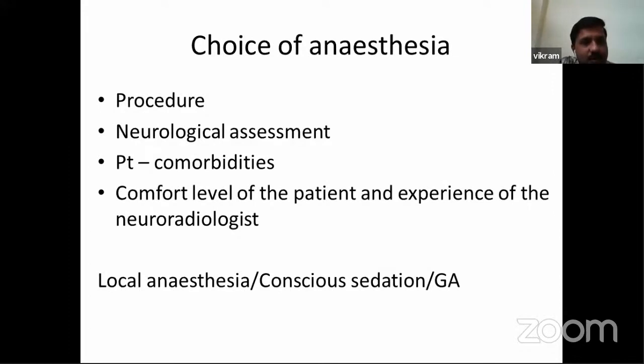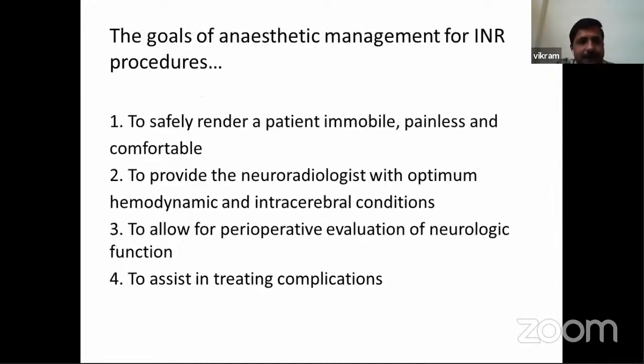These factors include mainly the procedure that's being carried out, and the need for neurological assessment when the procedure is being done. You have to consider the patient's comorbidities, the comfort level of the patient, and the experience of the neuroradiologist also matters. These procedures can be accomplished under local anesthesia, conscious sedation, or general anesthesia.